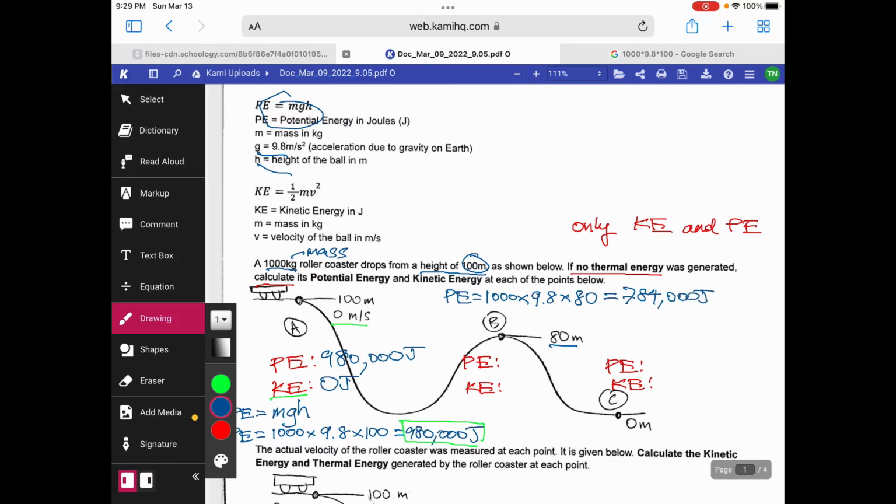So its potential energy at this point, point B, is 784,000.